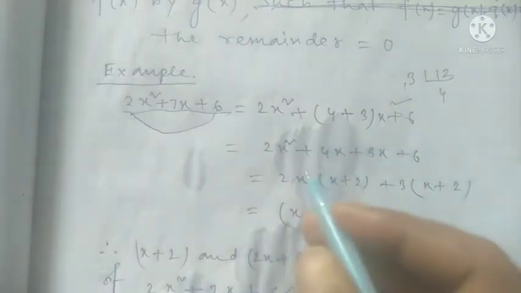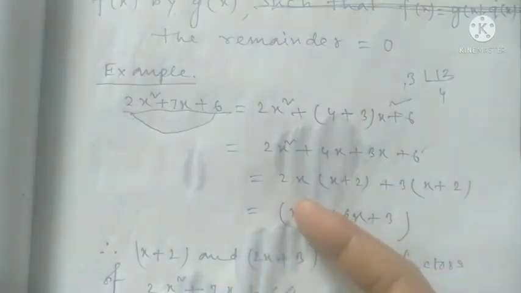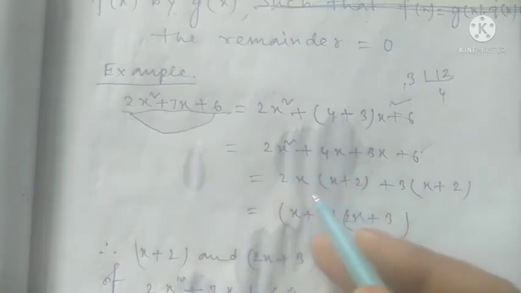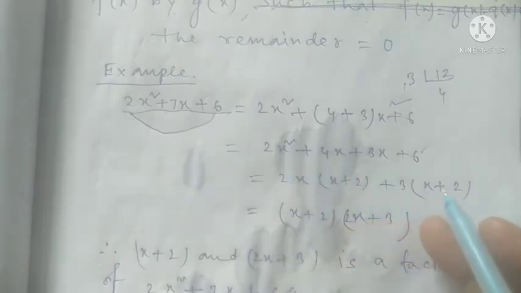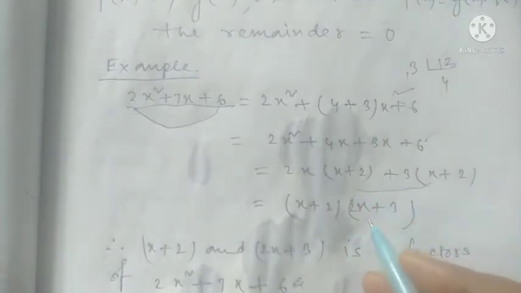In the next line, if you take 2x common from 2 terms, you get 2x into (x plus 2) plus 3 into (x plus 2). Then again you take x plus 2 as common, and the remaining will be 2x plus 3.